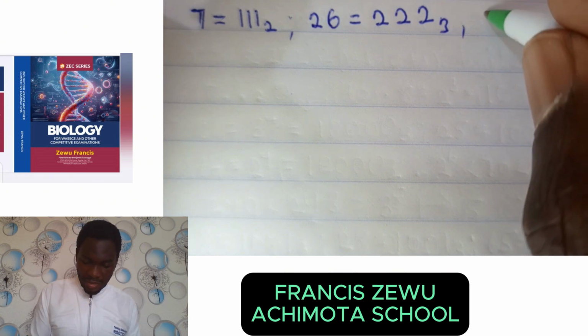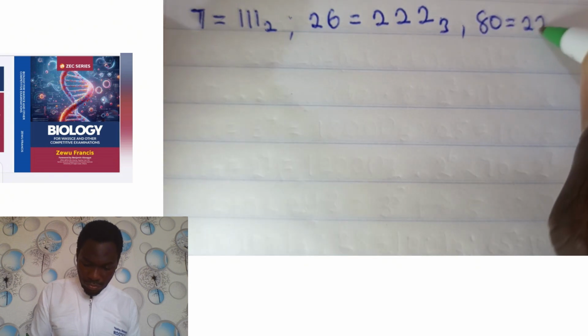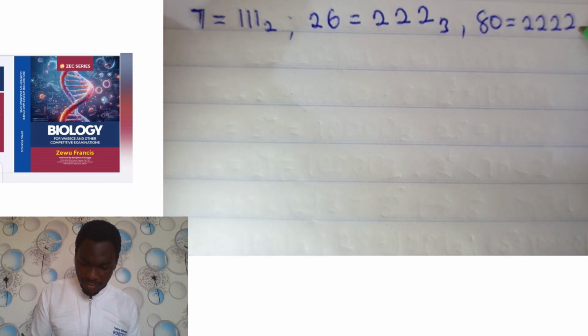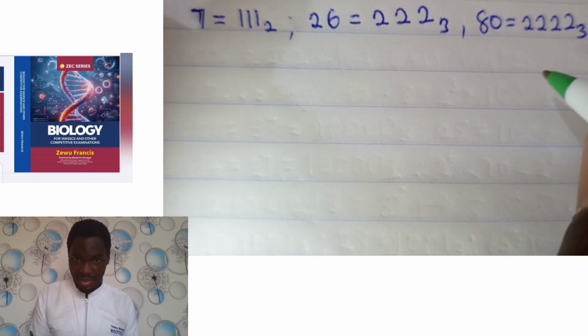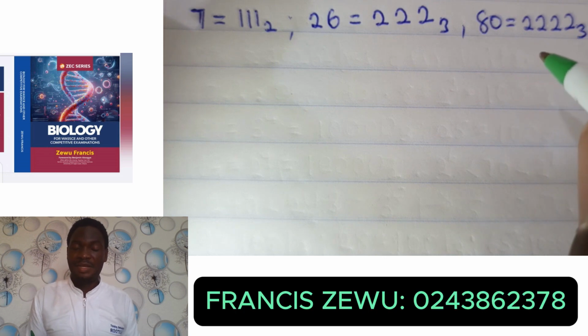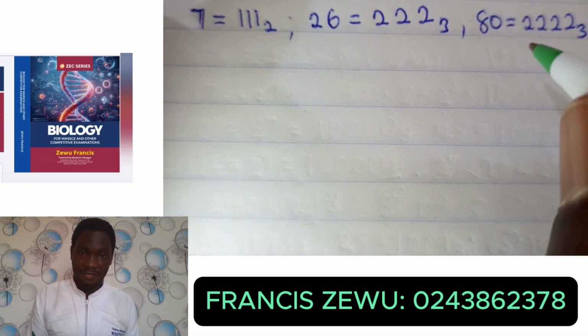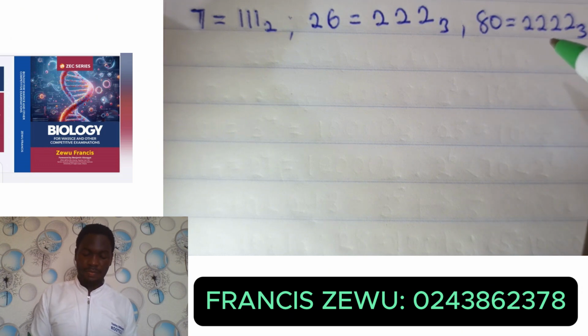So 80 is equal to 2, 2, 2, 2, 4 of them in base 3. In a similar vein, we can write 124 in base 5.